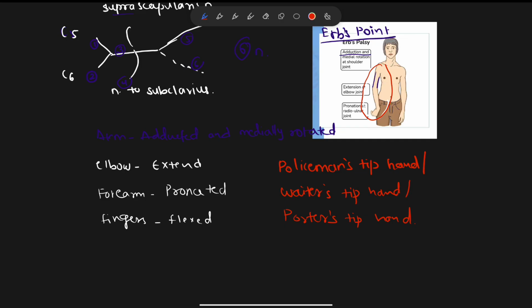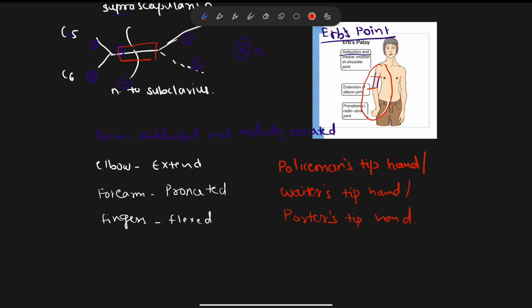Okay, so Erb's palsy is a palsy at Erb's point. What is Erb's point? It is the place where all these 6 nerves come and join at the upper trunk. This is Erb's point. If any injury happens to Erb's point, the arm will be adducted and medially rotated.